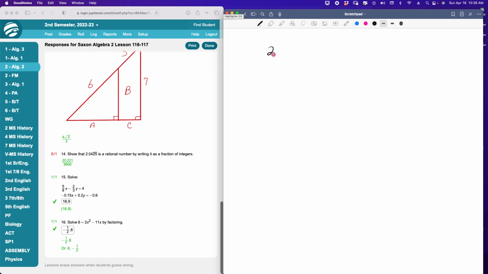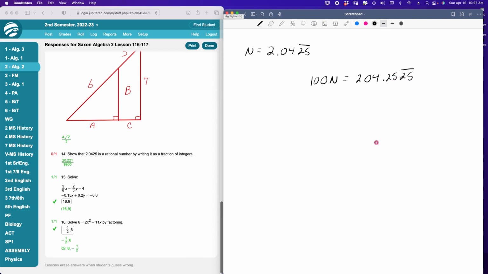Show that 2.0425 with a repeating decimal is a rational number by writing it as a fraction of integers. So we're going to start by multiplying this by 100. So 100, this is going to be our number. 100n is equal to 204, because we got 2 decimal places here because we multiplied times 100, 0.2525, and that repeats, right?